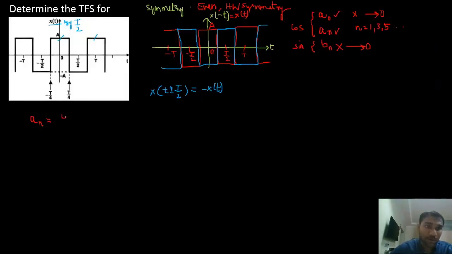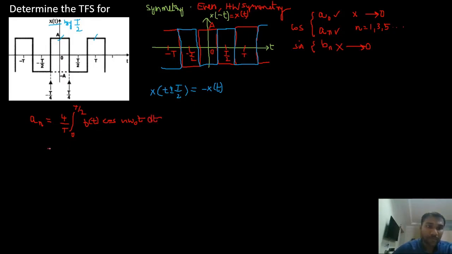So let me write 4 by T, 0 to T by 2, f of t, cos n omega naught t dt.